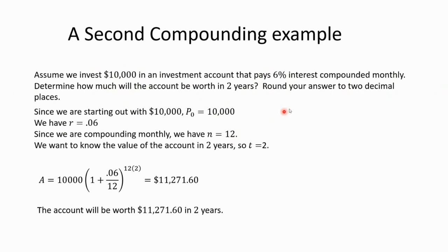And again, N is how many times the account is compounded in a year. We want to know how much is in the account 2 years later, so our T is 2. And that's what this is. P0 times 1 plus R over N raised to the N times T, which is this.